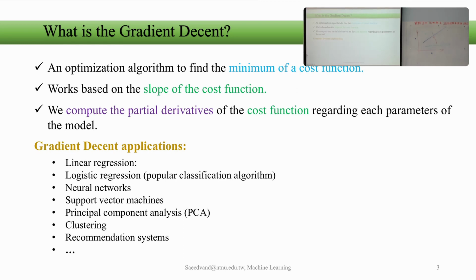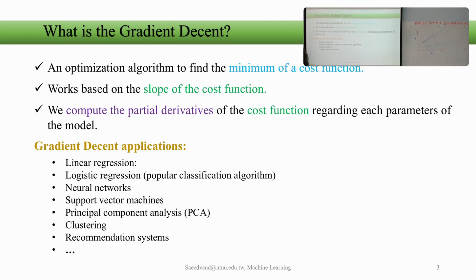First of all, what are the applications of gradient descent? Before getting into the details, you can use it in linear regression. You can use it in logistic regression, a very popular and powerful algorithm for classification tasks that we are going to study from next week. It is applicable in neural networks, as I mentioned.